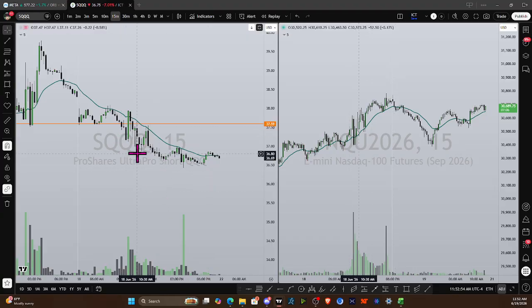This dark pool came in on SQQQ yesterday on the open, and we talked about right out of the gates how this was going to be a focus.